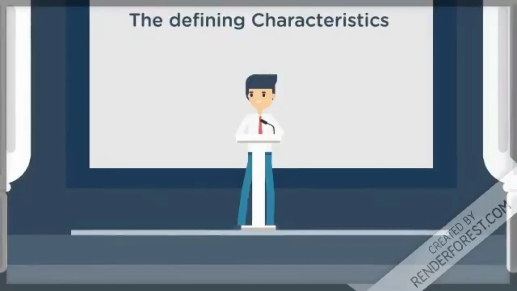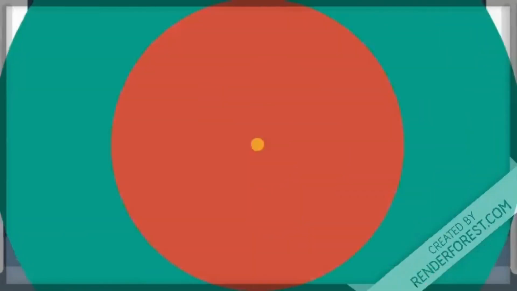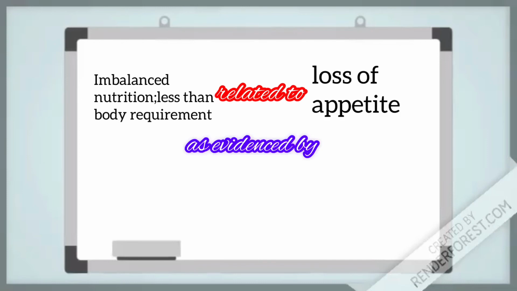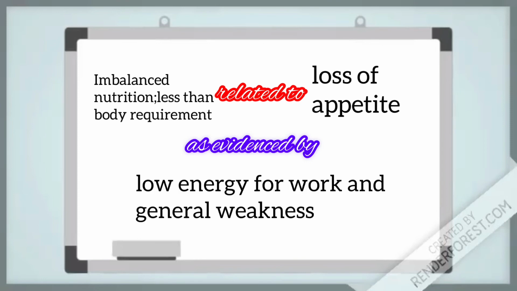So if the patient is malnourished, the patient can be weak, he can have low desire for work. So if we want to link those two evidences to our statement, we are going to have imbalanced nutrition less than body requirements related to loss of appetite as evidenced by low energy for work and then general weakness.